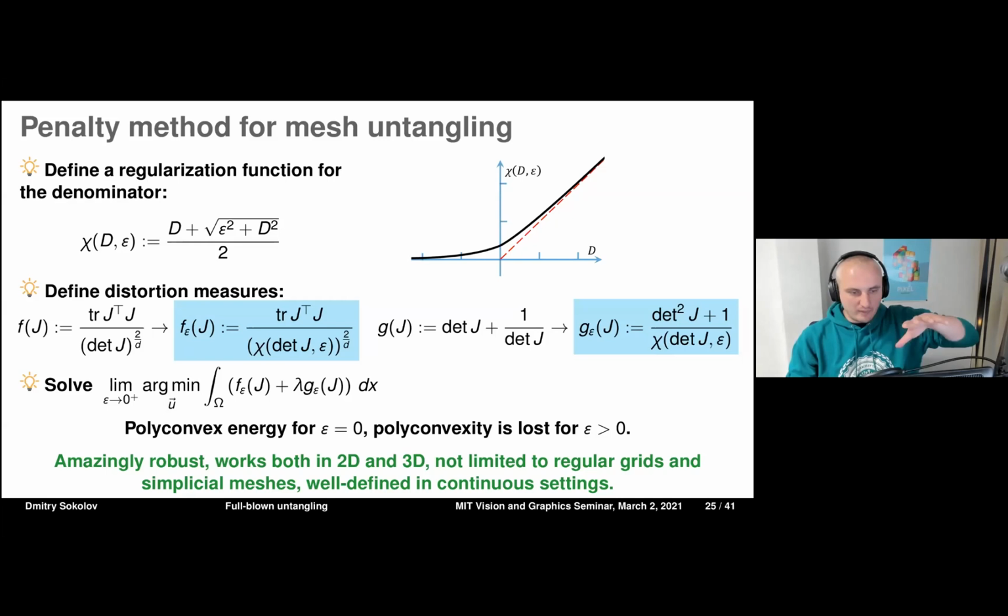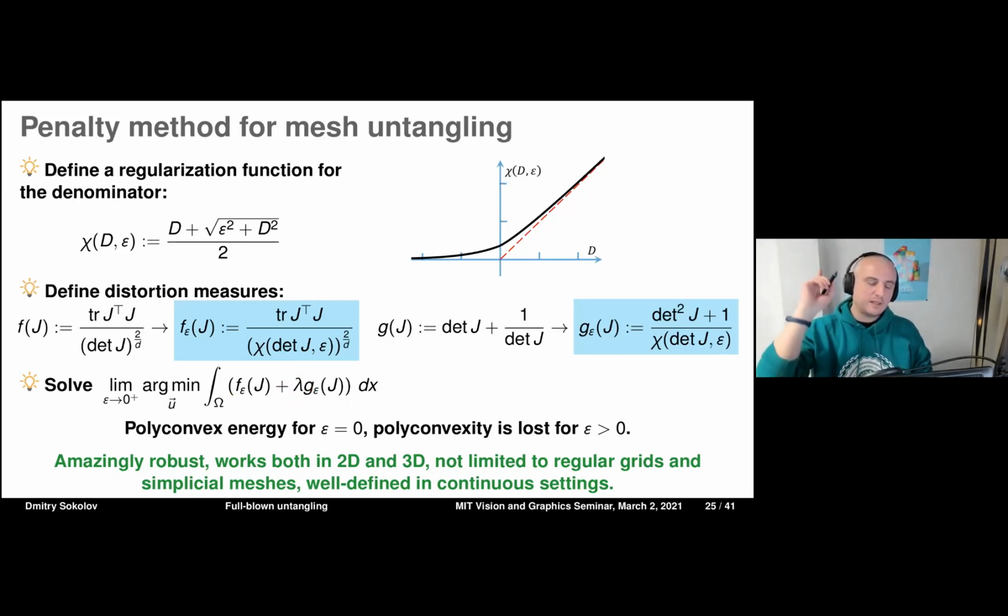So we have two measures. The measure F allows us to estimate the shape quality of an element, and the measure G allows us to measure the distortion of the area of the element. And we combine them, we minimize a weighted sum, where lambda is a trade-off parameter between shape preservation and area preservation.